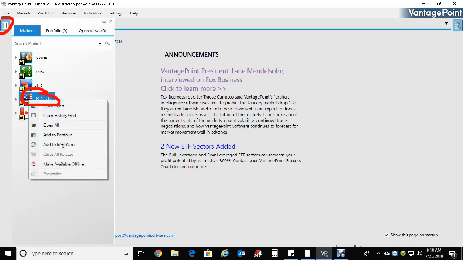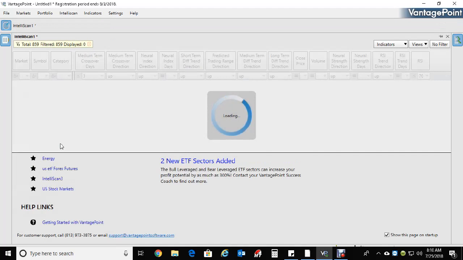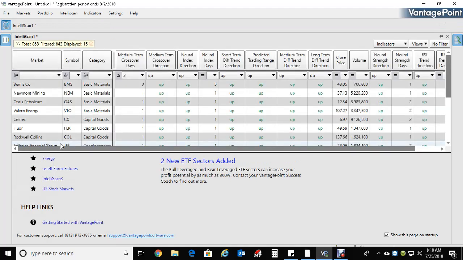So let me just make sure, you're teaching me how to add things into IntelliScan, right? Yeah. Got you. But we had already set it up, so it's already saved as default with all of these other things.